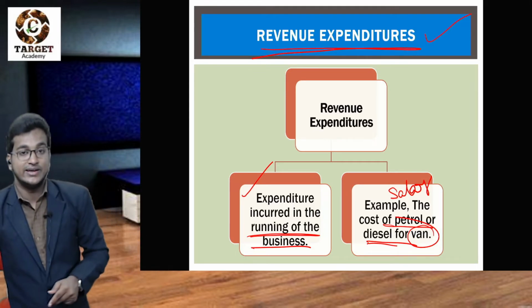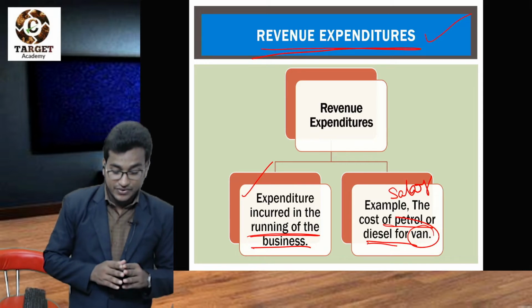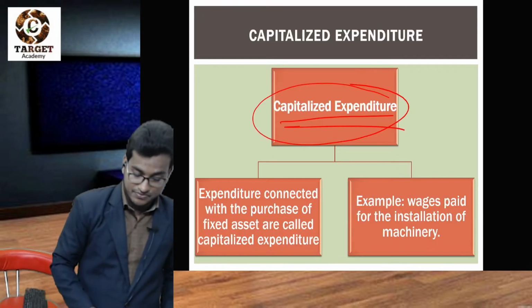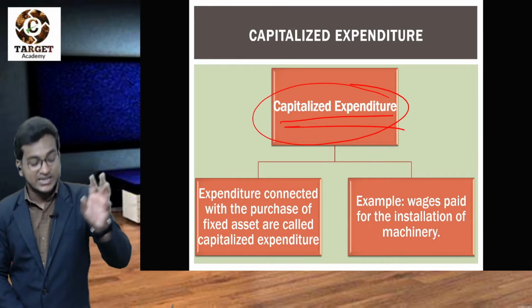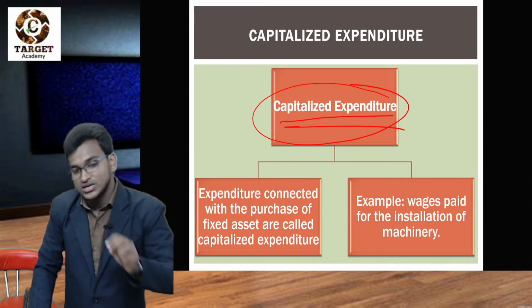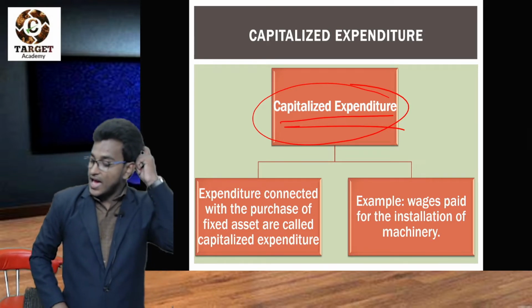Now a new point is added: expenditure connected with the purchase of fixed asset. Best example, installation cost. These are also capital expenditures.